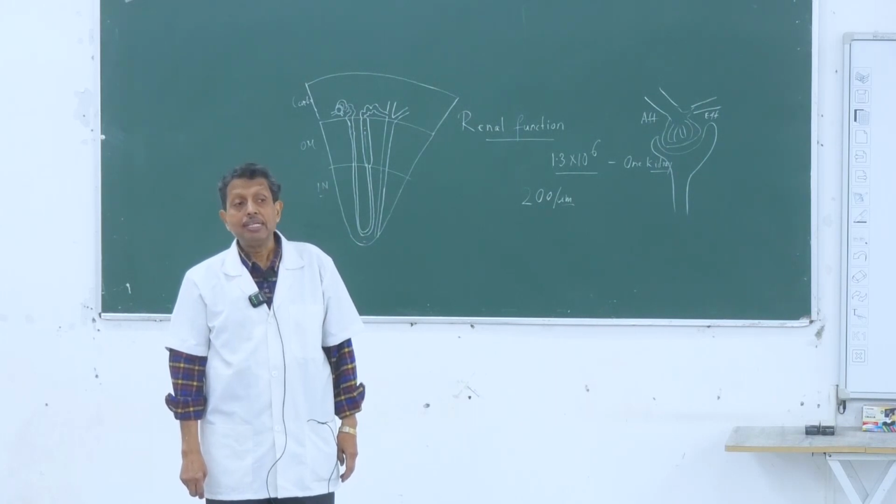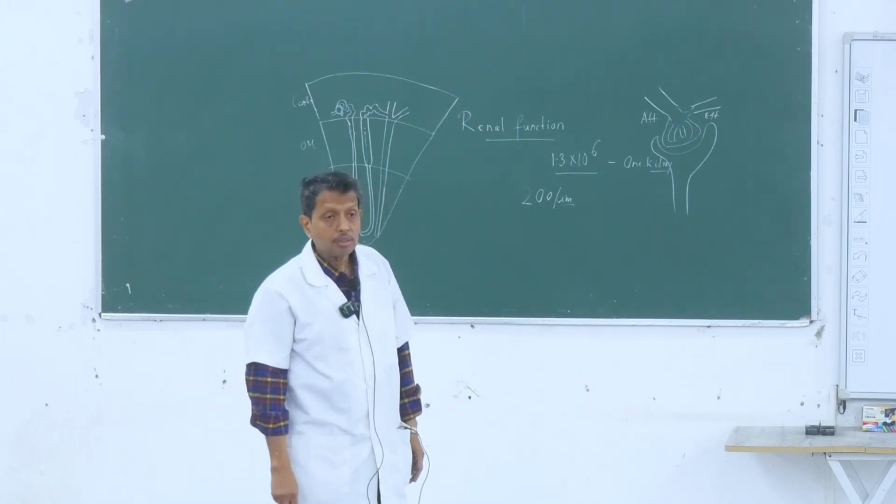0.5% of the body weight is the weight of the kidneys.